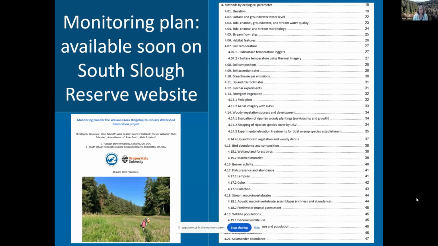I just wanted to share this screenshot of the table of contents, because it is really a robust monitoring plan that Jenny Schmidt and Chris Janicek from Oregon State University have been leading. It really is quite impressive, the amount of monitoring that's going on in this watershed and in our reference sites as well.